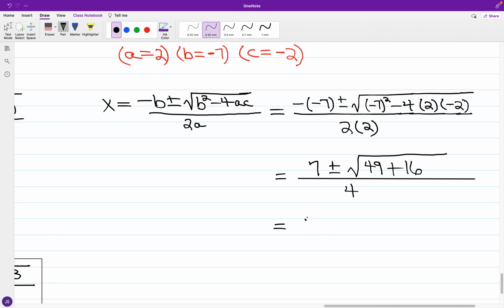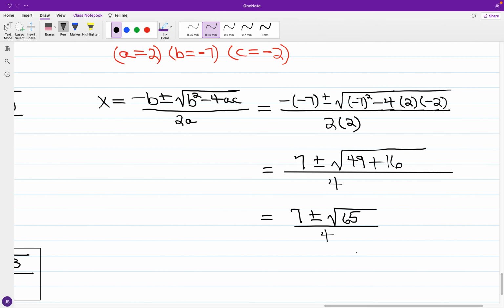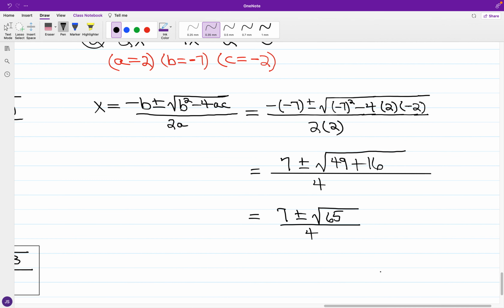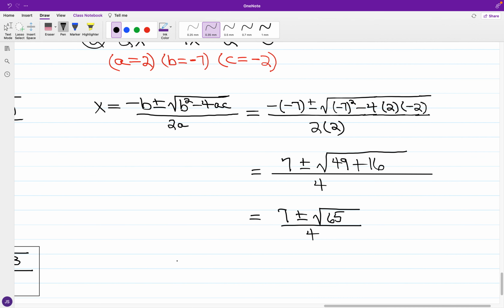Narrowing it down, you've got 7 plus or minus the square root of, and 49 plus 16 is going to make 65, and this will be all over 4. And 65, that number is already a completely reduced radical.